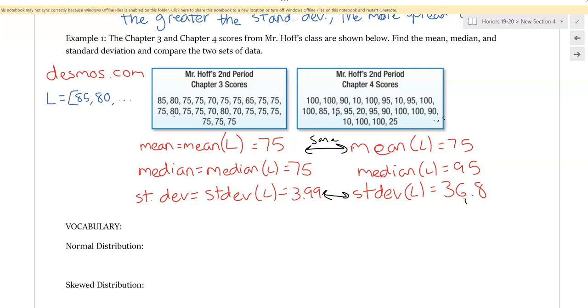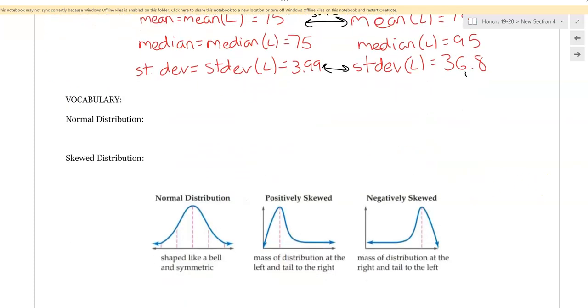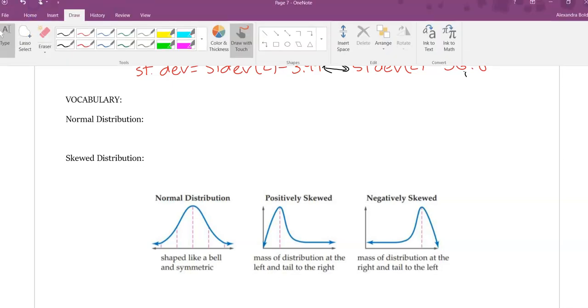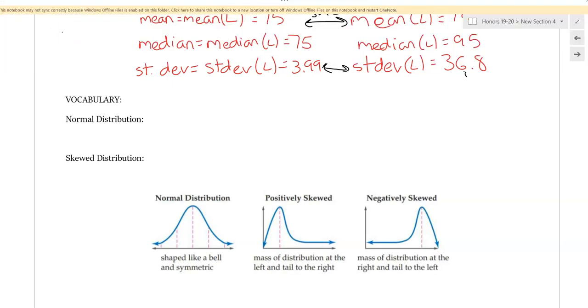All right, let's look at our next set of vocab. We're going to look at normal distributions and skewed distributions. A normal distribution is when the data is centered at the mean.